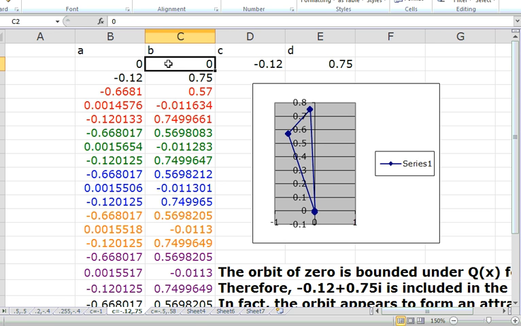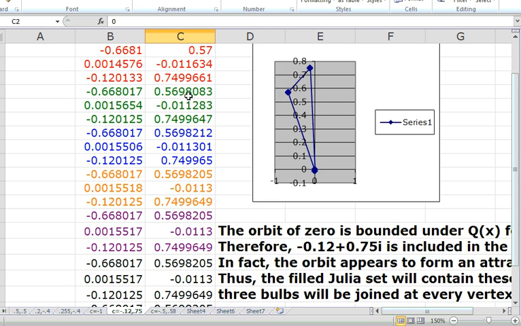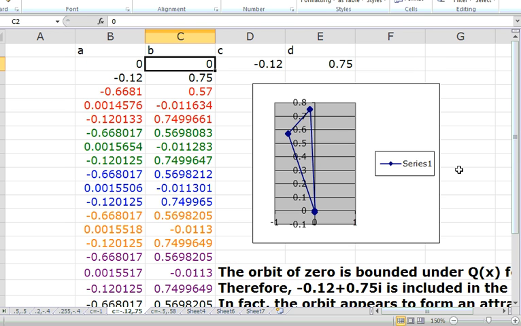The first one, first C. So, as I iterate this over and over again, what do you observe? Isn't it nice? Look at this graph right here. Isn't that beautiful?